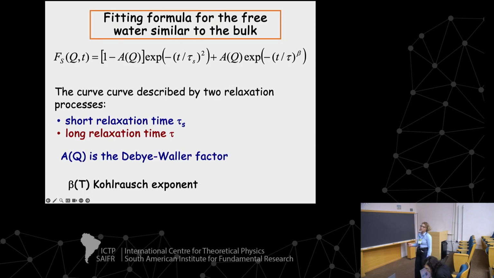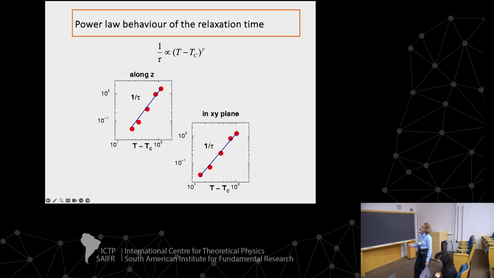This paper was published in the year 2000, so long, long ago, but we found the Debye-Waller factor, the Kohlrausch exponent, which is this beta, the tau, which is the alpha relaxation or long relaxation, and the short relaxation. So we could see how they behave, and they follow perfectly mode coupling.